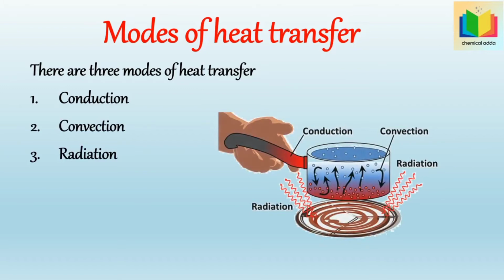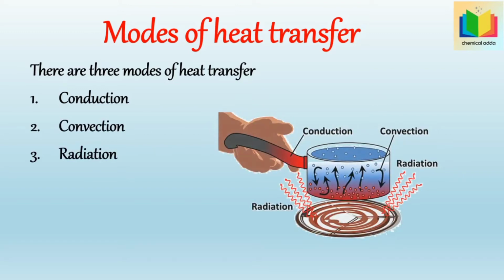Then, the fluid in the pan gets heated, because heat transfer through the fluid, which is caused by molecular motion, due to density difference, as the bottom surface of the pan is hot. This is due to the convection mode of heat transfer.